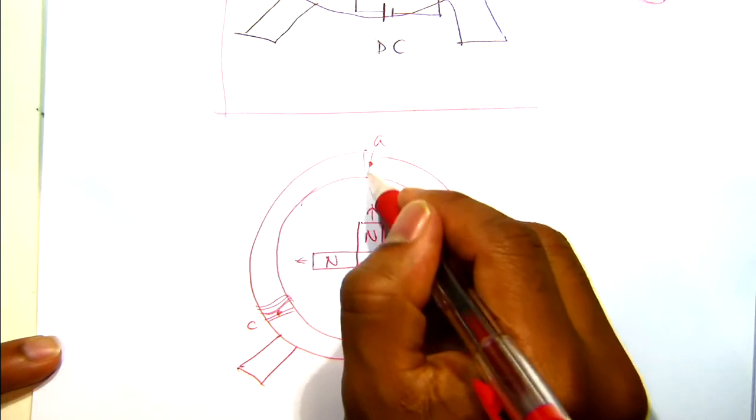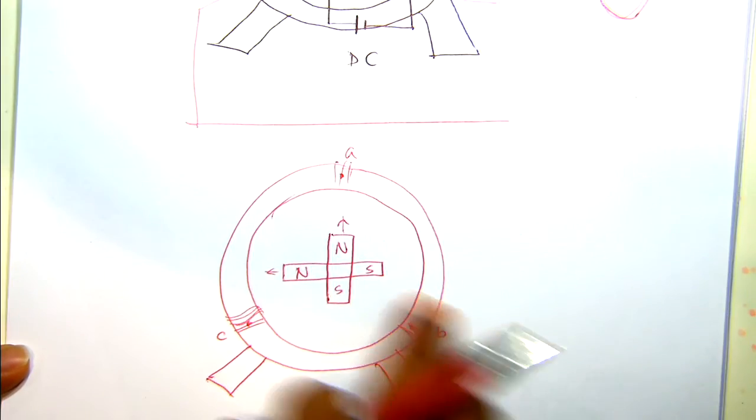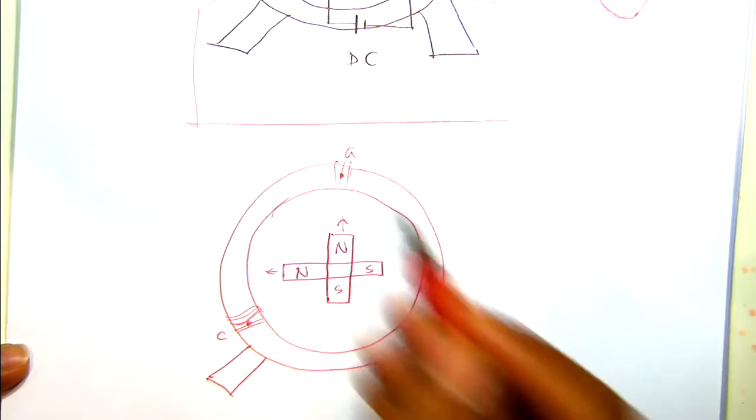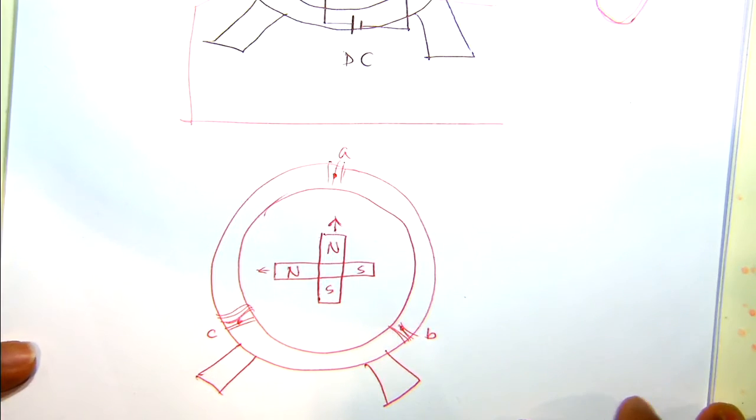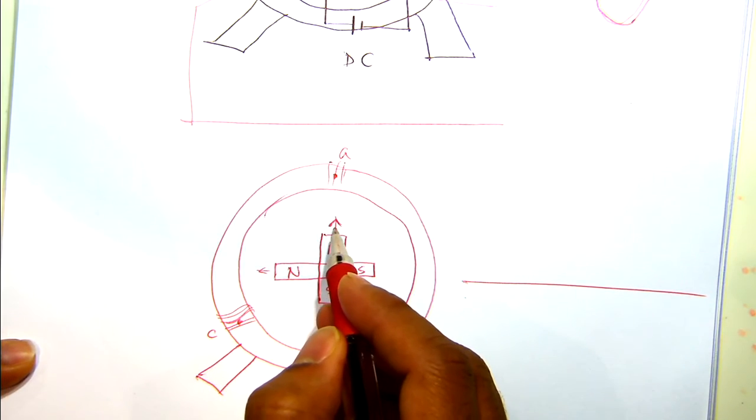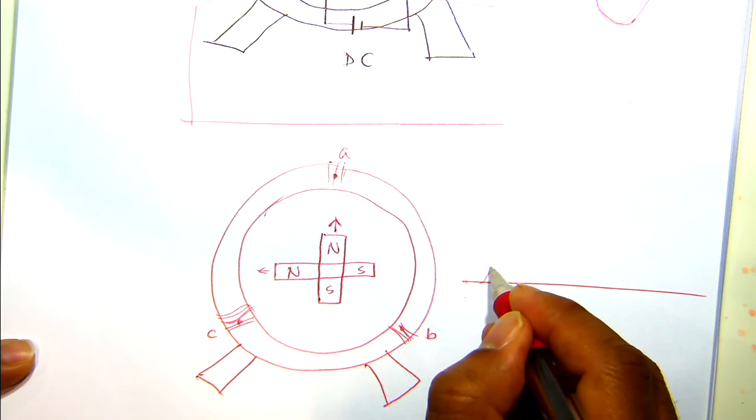Now, if we are sitting here at A, what I see is that a north passed me.